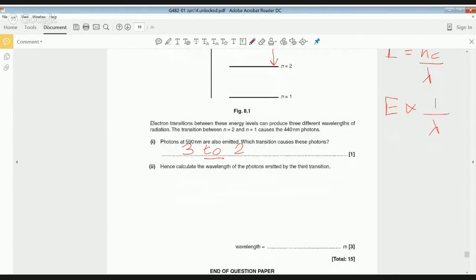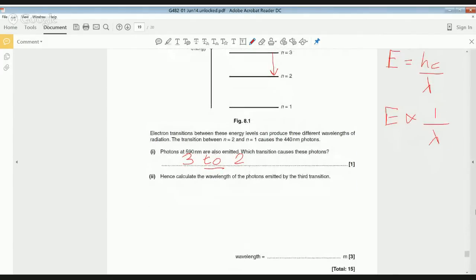Finally, calculate the wavelength of the photons emitted by the 3rd transition. Okay, so we've got 3 transitions here, 3 to 2, 2 to 1, and 3 to 1. The 3rd transition we're interested in is E3, that's a 3 to 1. And that's going to be equal to the energy of 3 to 2, that's a 2, believe it or not, plus the energy from 2 to 1.